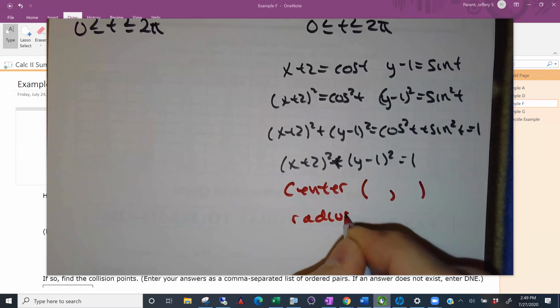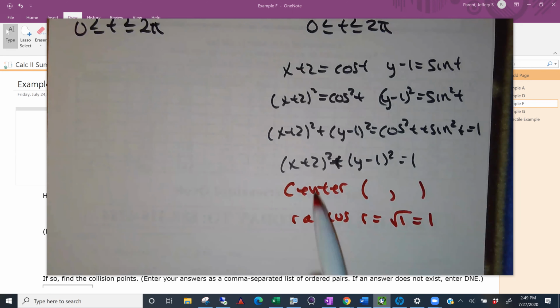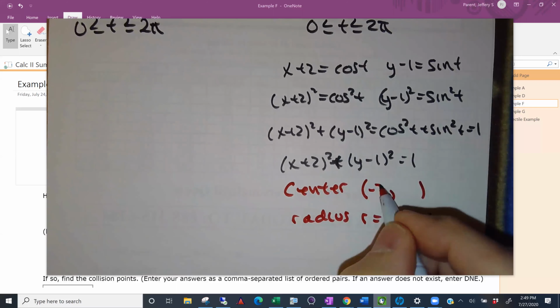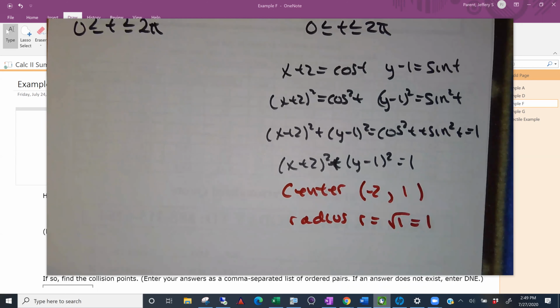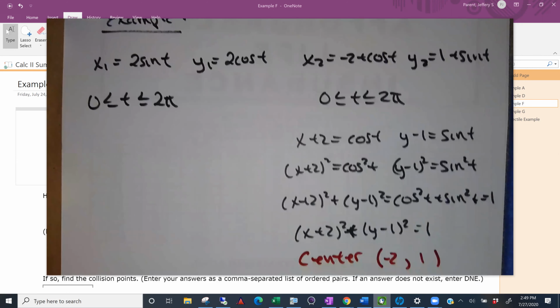I'll help you out with the radius. Radius is the square root of 1, which is 1. -2 and 1. Thank you. -2 and 1. Okay, perfect. Let's turn our attention to this other one.